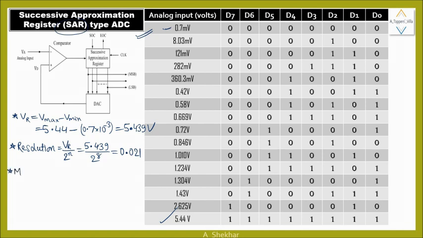And you can also calculate the maximum quantization error, that is plus minus resolution upon 2. So here the maximum quantization error is 0.021 upon 2 and that will be equal to plus minus 0.0106.